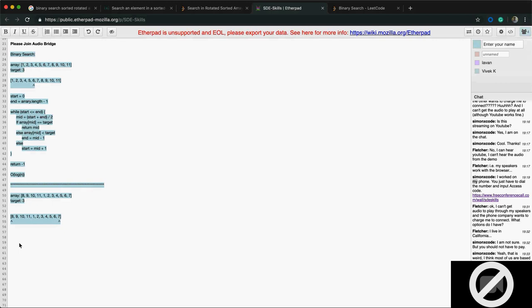Actually, we can probably get the midpoint and then compare the first element and the last element to that midpoint to know which part of the array is rotated. For example, in this case, if the mid is 2 and we compare the last element, we know that the right side is not rotated. Then we know we need to go on the right side because the element we are trying to search is 3.